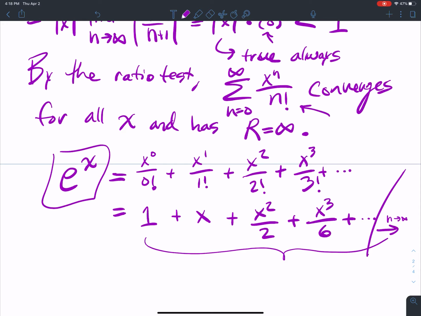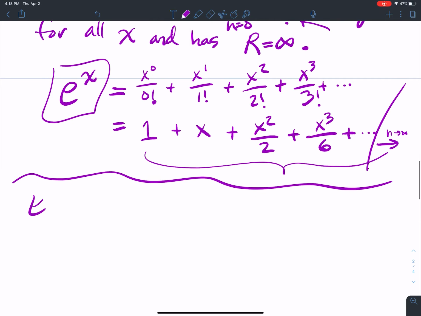But you can make the error as small as you need to still be accurate enough to hit your target. Pretty interesting idea. We'll dive more into that when we talk about the nth degree Taylor polynomial. But let's do one more where we have a Taylor series.